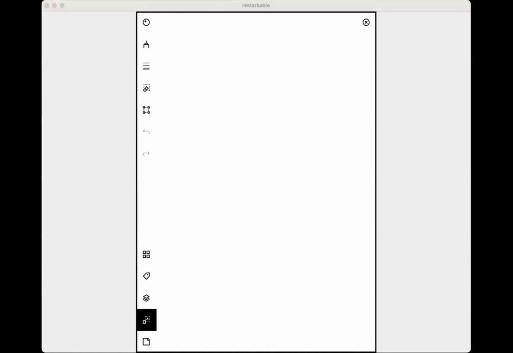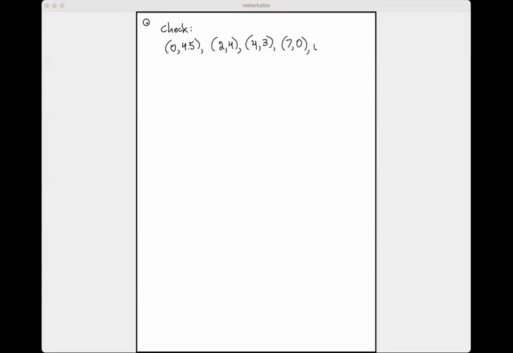All right, so the points we're going to check. We've got 0, 4.5, 2, 4, 4, 3, and 7, 0. And then the origin was in there too, so we'll put that here as well.